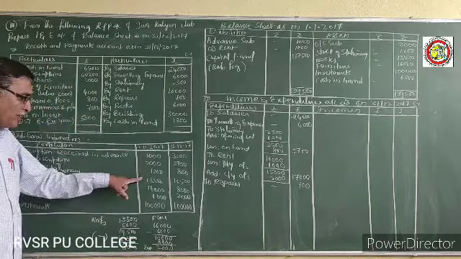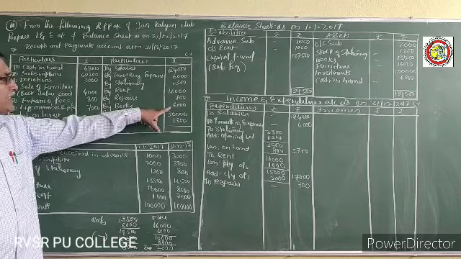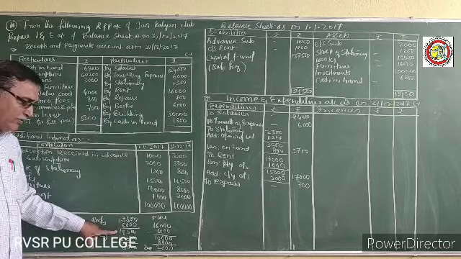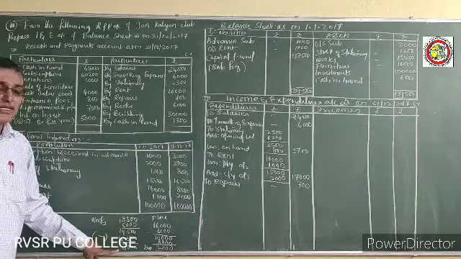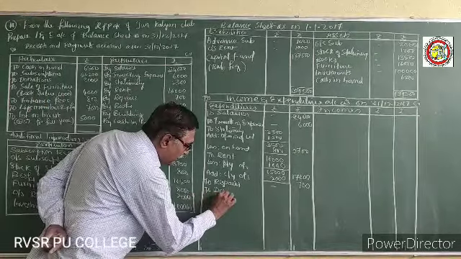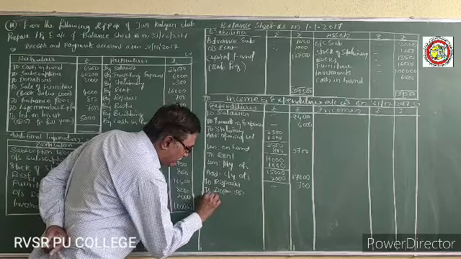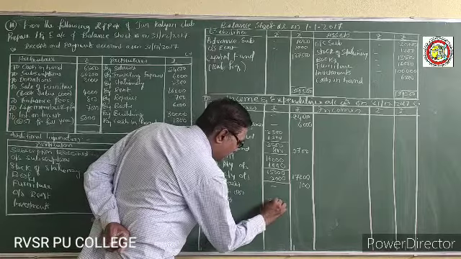Like this, books opening value is 13,500, purchases 6,000, totally 19,500. Closing value is 16,500, so 3,000 is the depreciation. So depreciation on books 3,000.